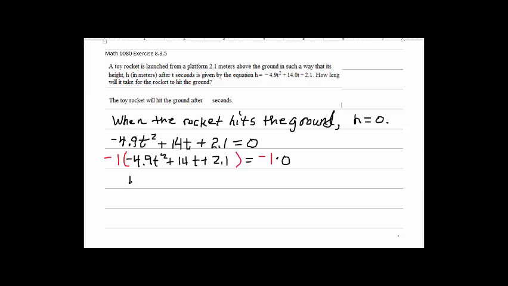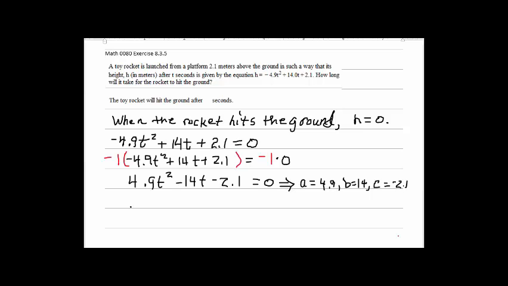So this gives me the equivalent equation, 4.9t squared minus 14t minus 2.1 equals 0. And I'm going to use the quadratic formula on this. A will be 4.9, B is 14, and C is negative 2.1.